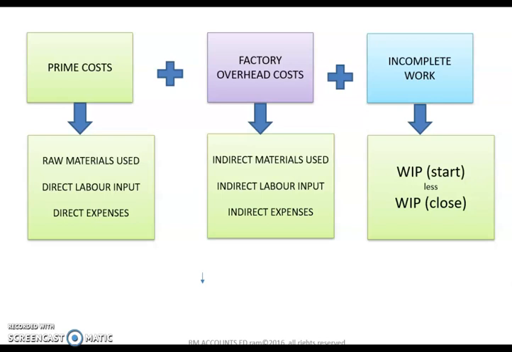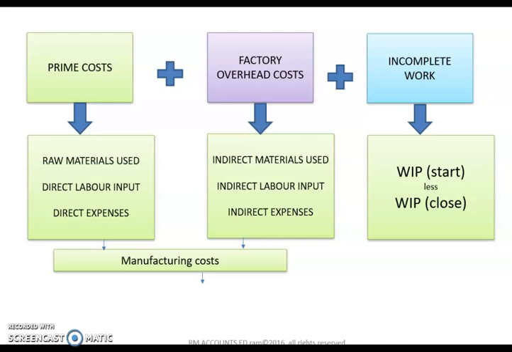All right, so now just to add a little to it, we know that prime costs plus factory overheads will give us manufacturing costs. All right, so just those two by themselves will be called manufacturing costs.